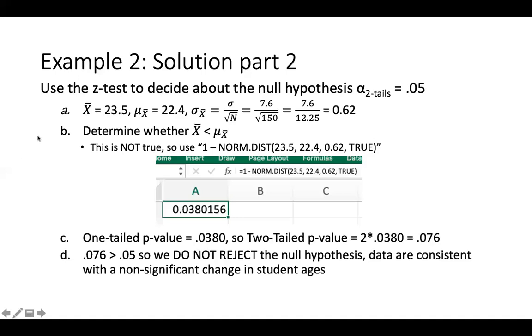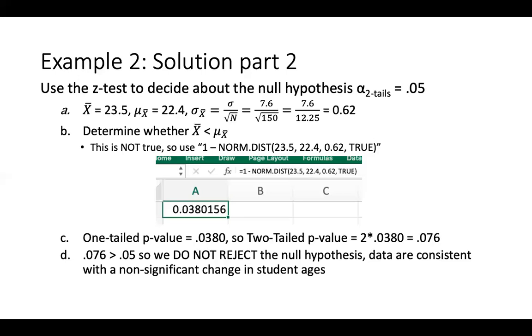Stated another way, a sample mean of 23.5 is within the sampling error range of the null hypothesis value. So it means that at 23.5 as a sample result, we can't distinguish that reliably from just regular old sampling fluctuation and nothing else, right?